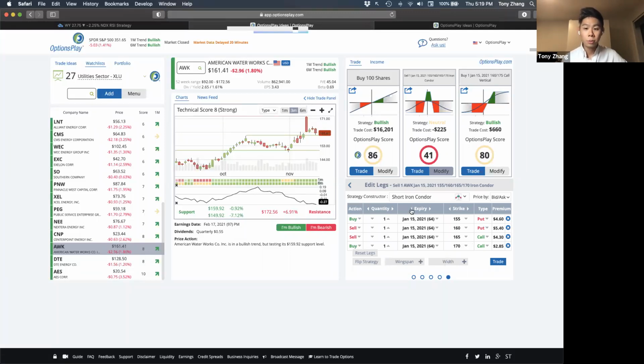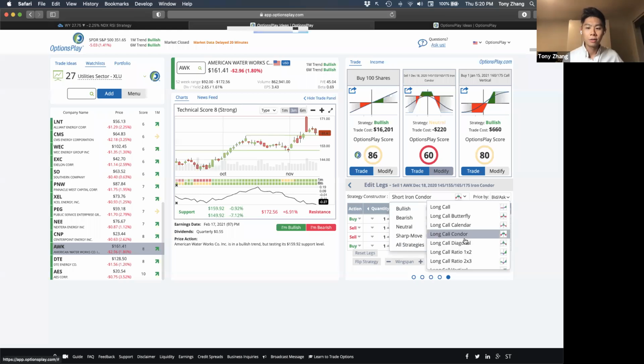We built this in a way that allows you to quickly select your strike prices. You can move all the strikes up one, move all the strikes down one, make it wider, and change the wingspans, all by the click of a mouse. I think we have about 45 different strategies that you can construct using OptionsPlay.